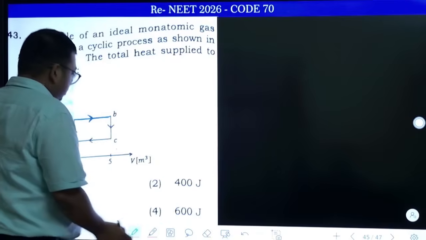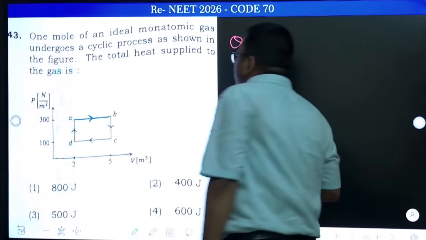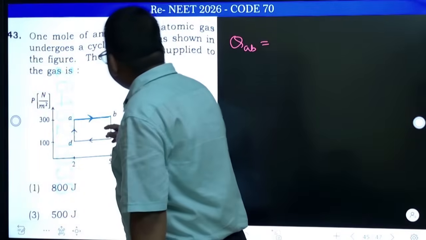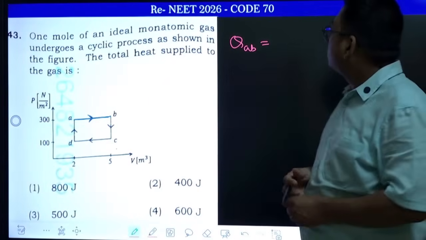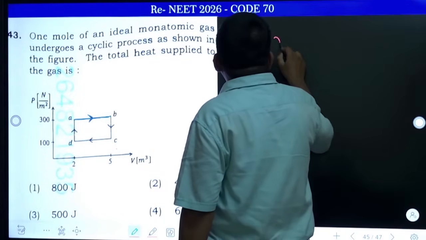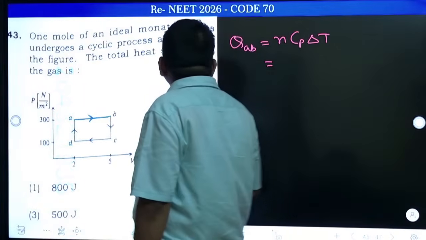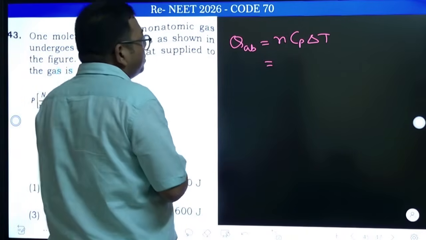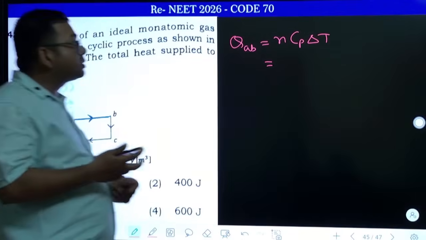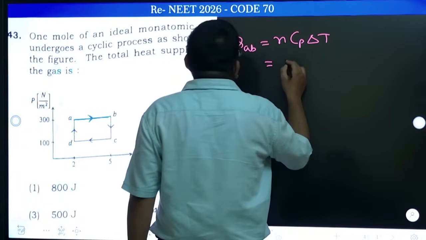So first, what is the formula for heat? Q_AB, what is the heat? Isobaric process, pressure is constant, so Q is n Cp delta T. N is how many? 1 mole.